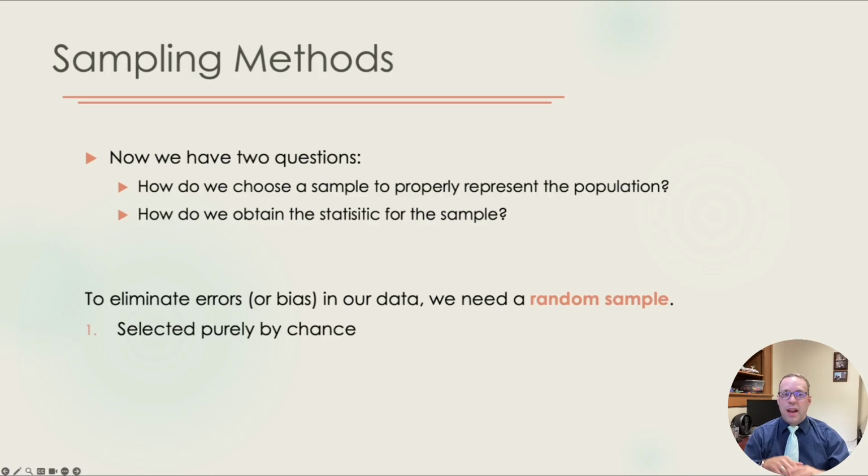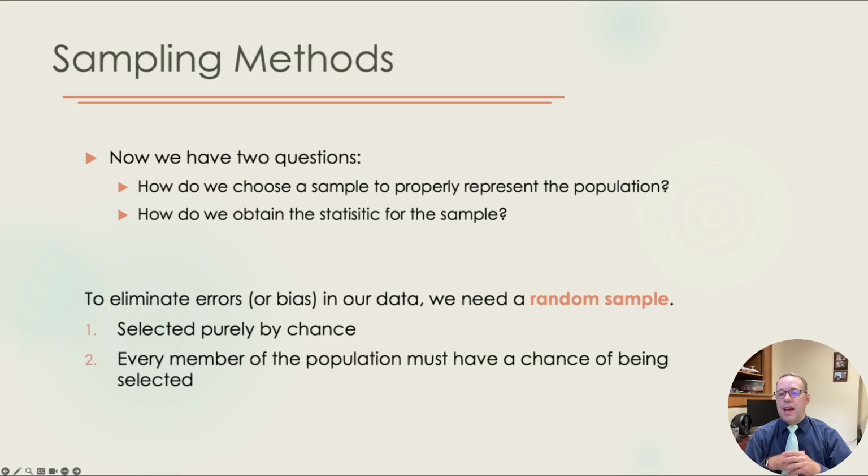For something to be random, everything is selected purely by chance. That was the answer of pick one here, pick one here, pick one here. That's what that gets to, but that's not the end of the story. Everything's picked purely by chance. There is no predetermined selection of our sample. That would not be okay. Here's where it really gets helpful. Here's where randomness really comes in.